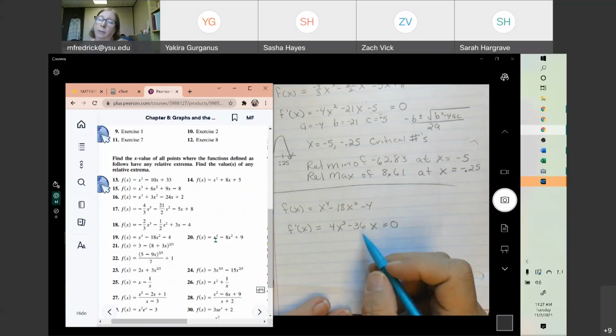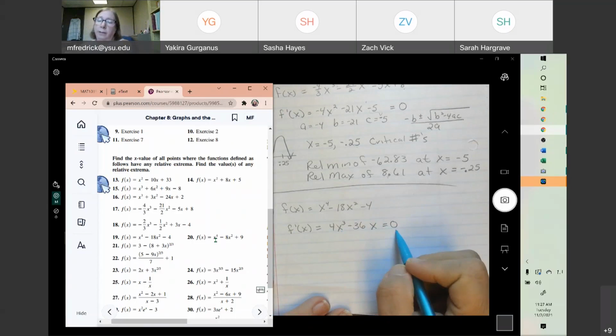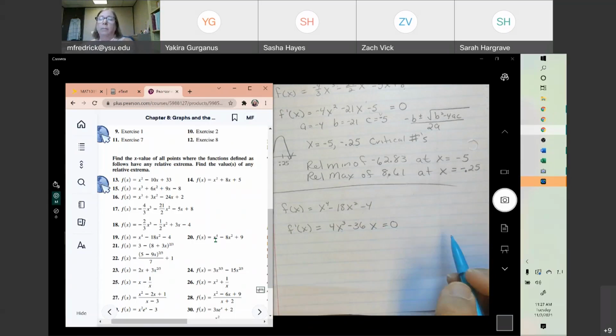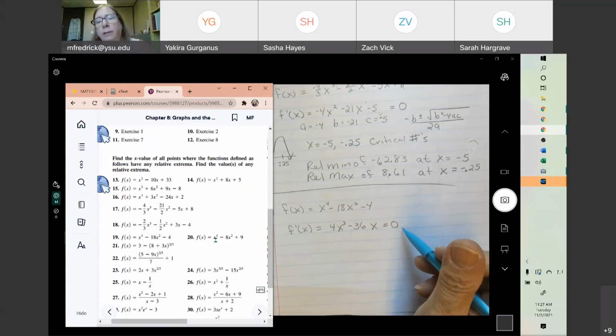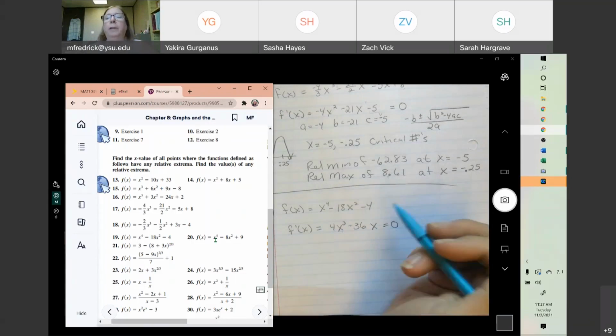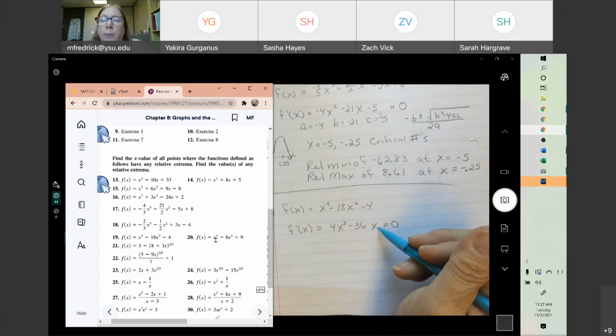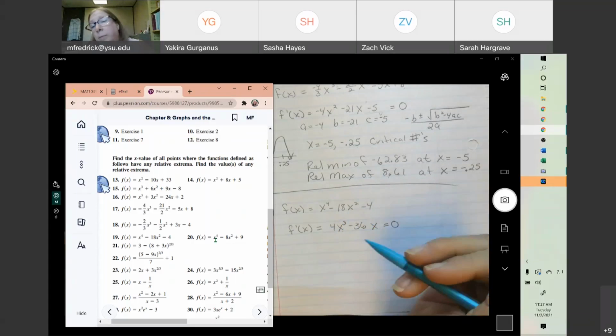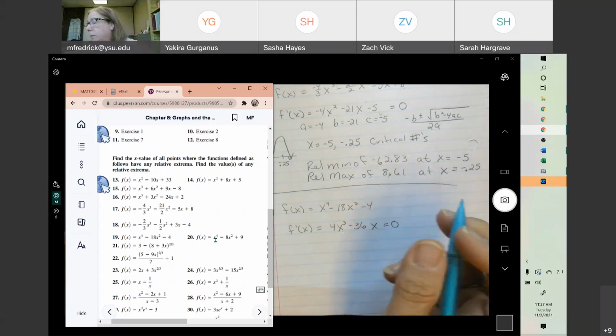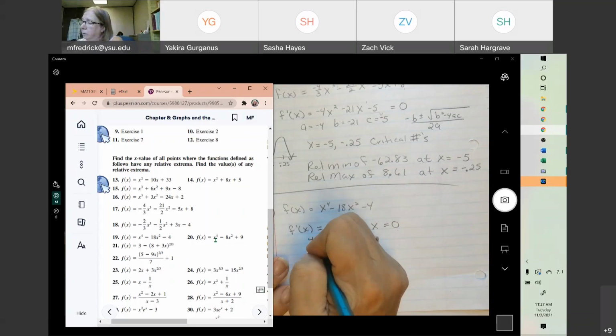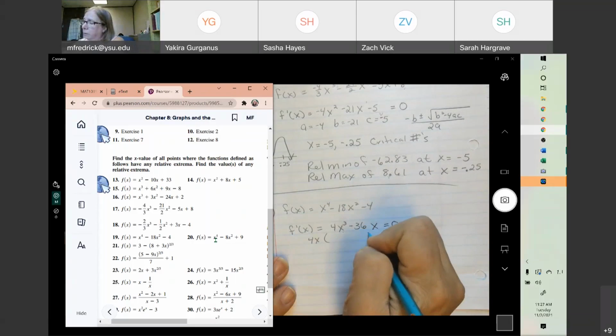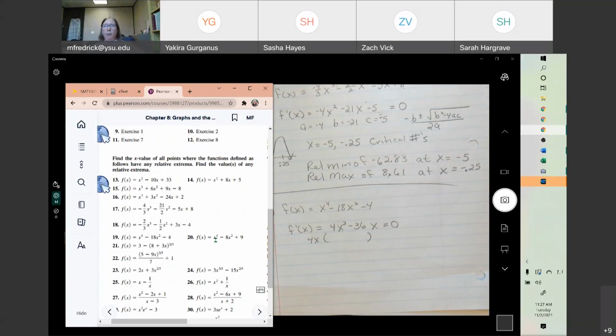To find the critical numbers, we take the derivative and set it equal to 0. A lot of times when you're trying to solve, if you have it equal to 0, you want to try and factor. We can pull an x out. In fact, we can pull a 4x out. Sometimes you have to pull what they have in common out first and then try and factor again.